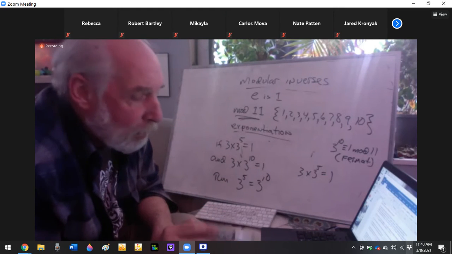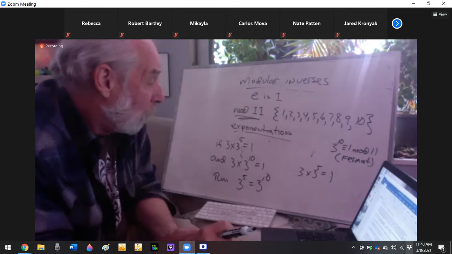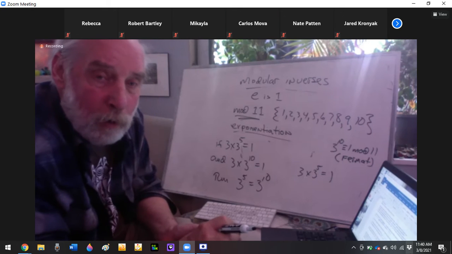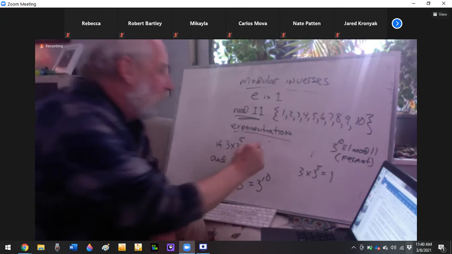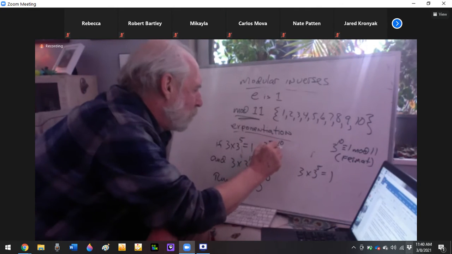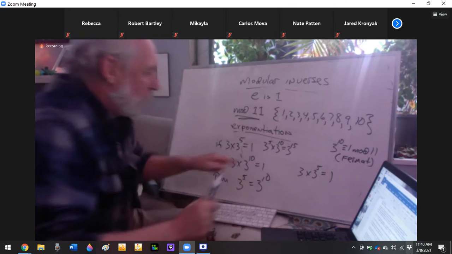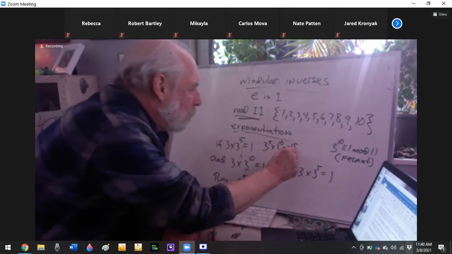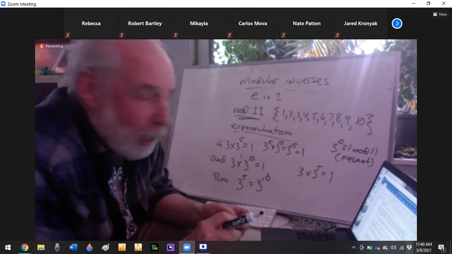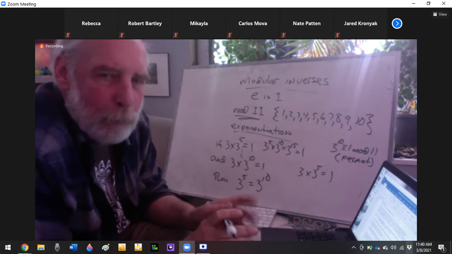So round and round and round we go. So what about 3 to the 15th? Well, that's going to be 1 also, right? 3 to the 5th times 3 to the 10th is equal to 3 to the 15th. But 1 times 1 is 1. So 3 to any multiple of 5 is going to give you 1 mod 11. So there's all kinds of patterns happening here.